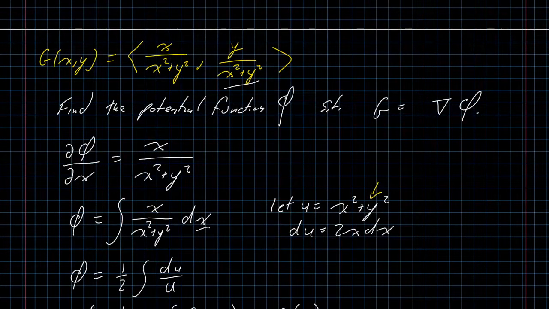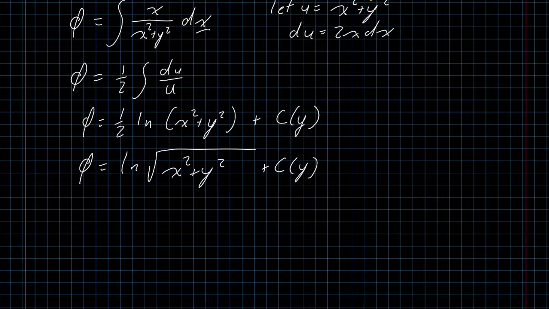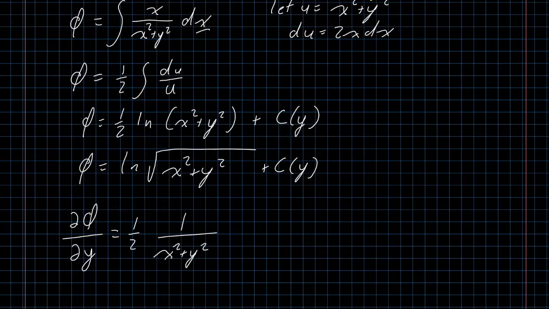I can go back to my original definition, and I know that the partial of this function with respect to y, I can just calculate. The derivative of natural log is 1 over the argument times the derivative. Derivative of x squared plus y squared with respect to y is 2y. And I'm actually differentiating this line, not the last line. It's a little bit easier to take the derivative of.